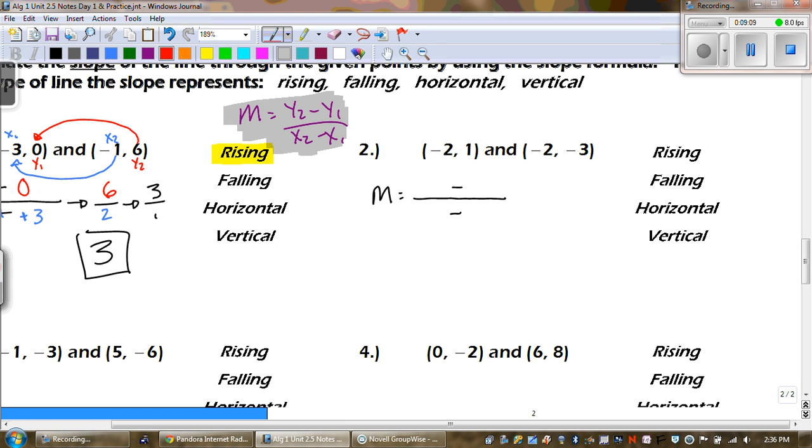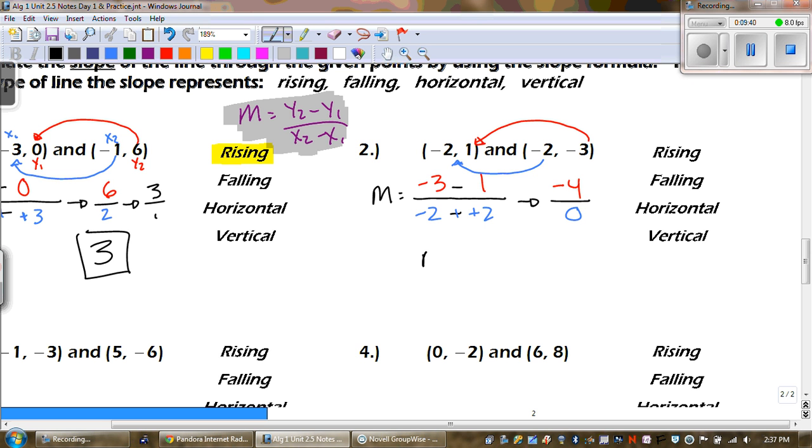Okay, so we have -3 and 1, and then -2 and -2. So -3 minus 1 gives us -4. And -2 minus -2, well, that gives me 0.